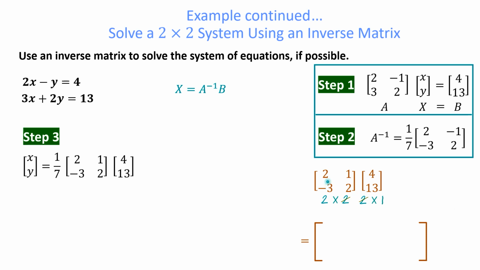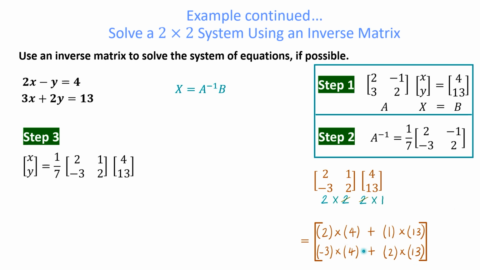So we'll firstly do 2 multiplied by 4, and I'll write that down over here, plus the 1 multiplied by the 13, and I'll write that down over here. And then we'll do minus 3 multiplied by the 4, so I'll write that down over here, plus the 2 multiplied by 13, and I'll write that down over here.